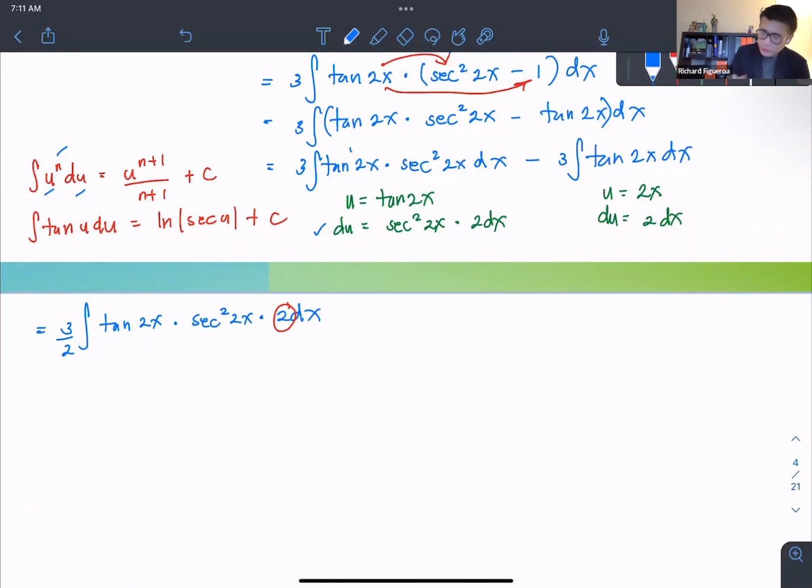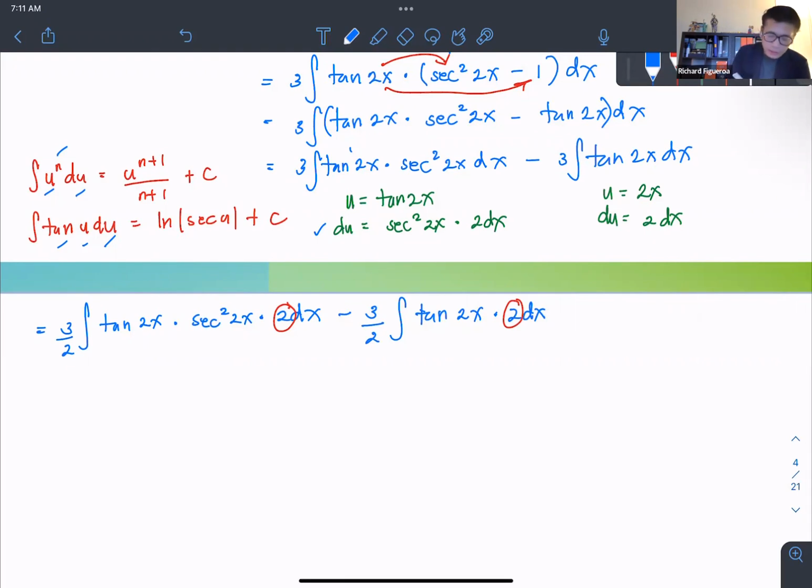And then afterwards, we'll have minus 3, then the integral of, this time, the tangent u. So tangent, our u is 2x, du is 2 dx. So we are in excess of 2, therefore we neutralize it by 1/2.